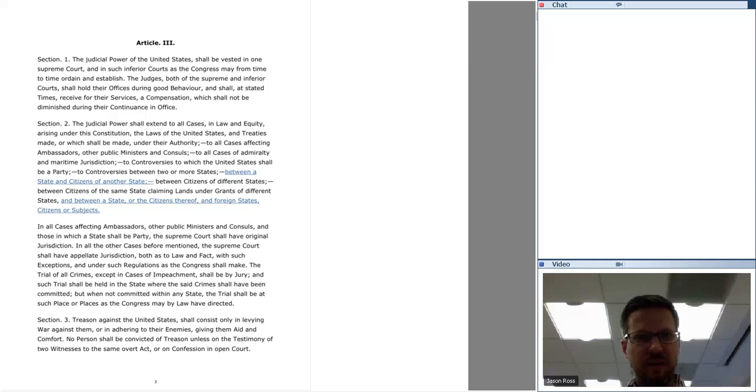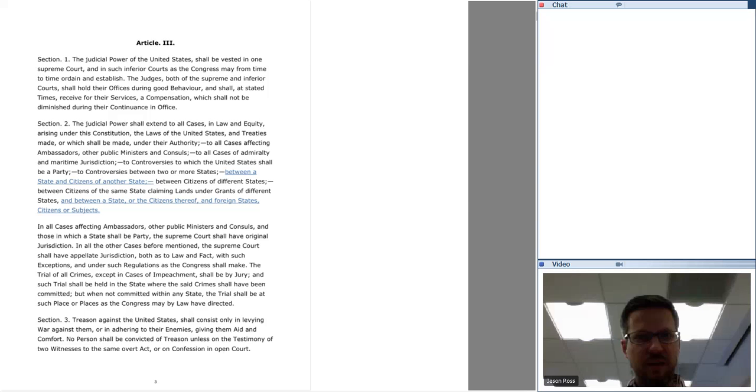In Section 1, we simply see that, in fact, there is a federal branch of the judiciary. That had not existed under the Articles of Confederation. Those of you who teach American history know that never before had there been a separate federal court system. The Articles government relied on a state court system to apply and interpret federal law, such as there was.